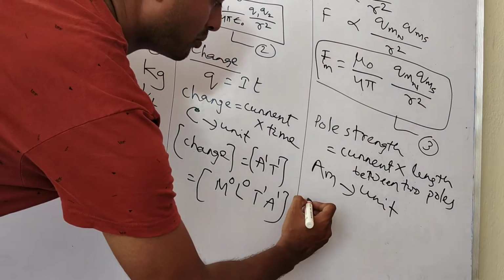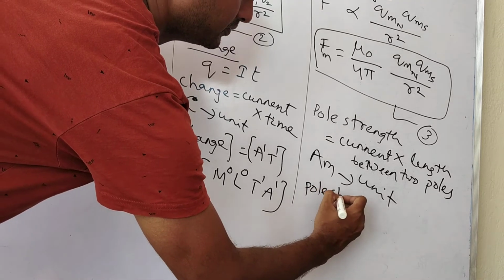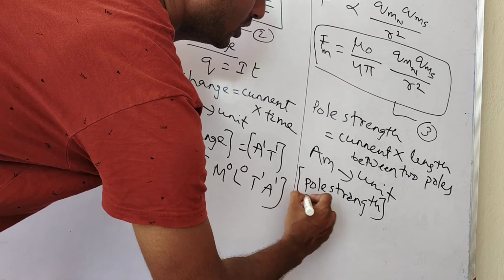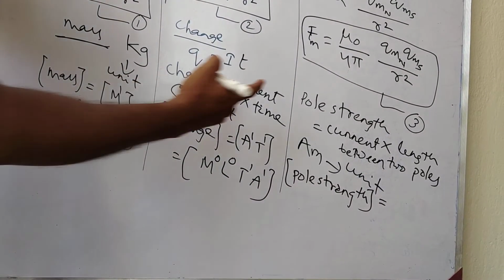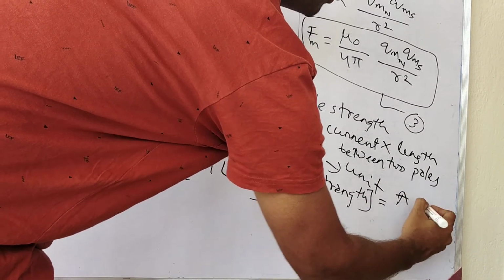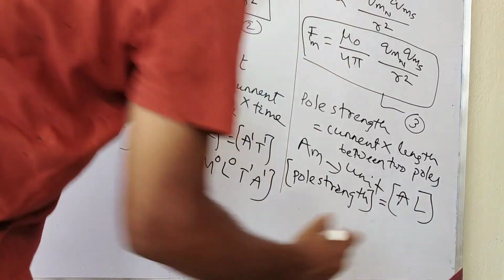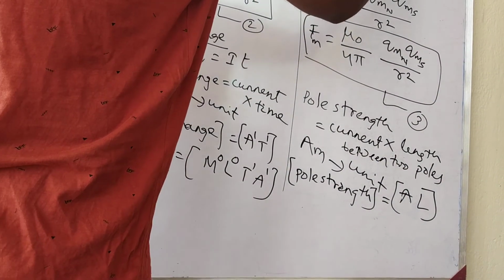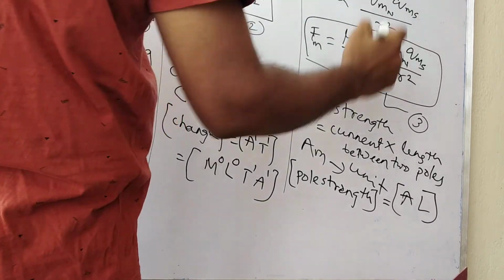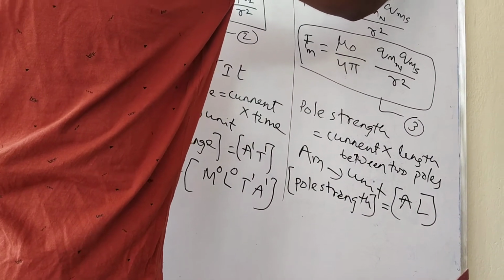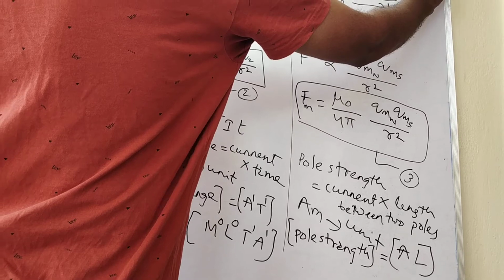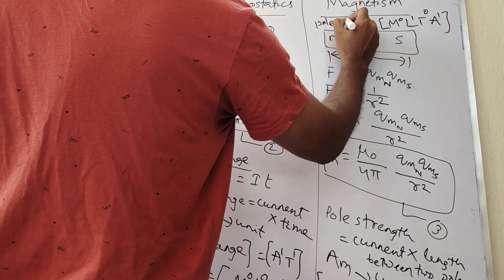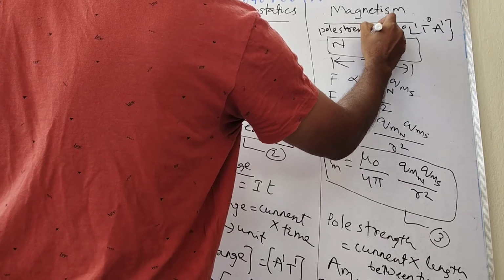Similarly, the dimensional formula of pole strength: for current I take A and for length I take L. So the dimensional formula of pole strength is M0 L1 T0 A1.